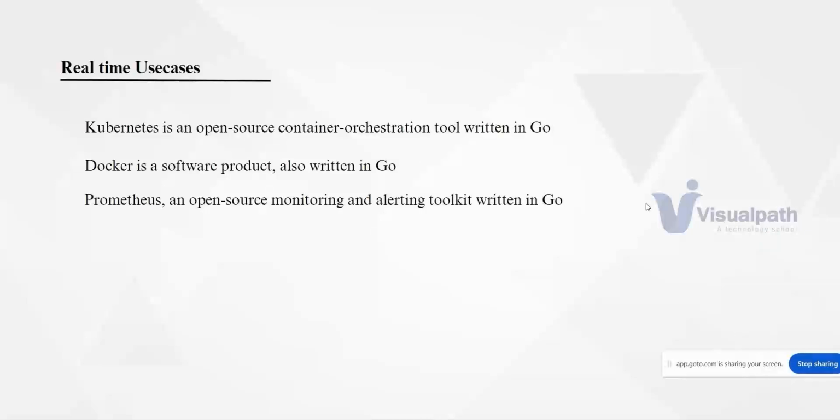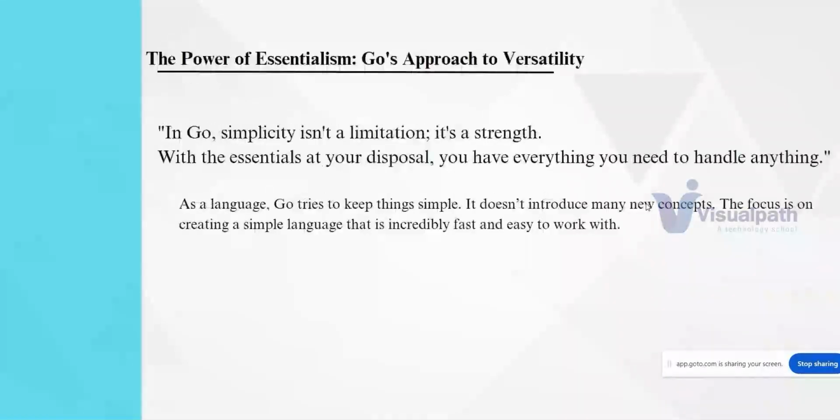And then we have to understand this important quote, I can say. That is the power of essentialism. Go approaches versatility: in Go, simplicity isn't a limitation, it is a strength. With the essentials at your disposal, you have everything you need to handle anything. That means you have fewer concepts in Golang, but you can achieve more using Golang.